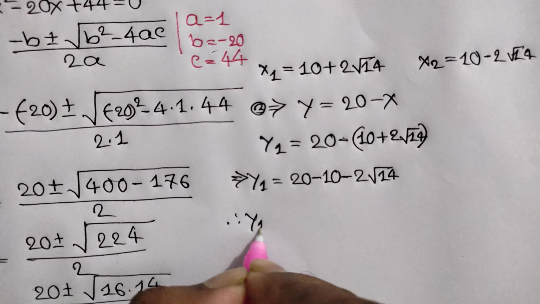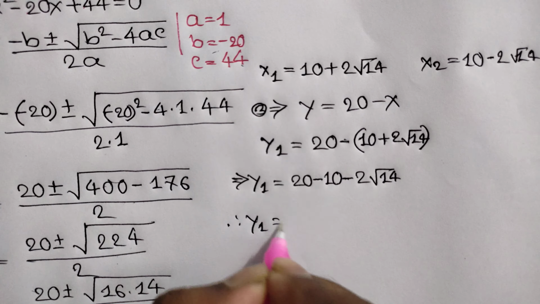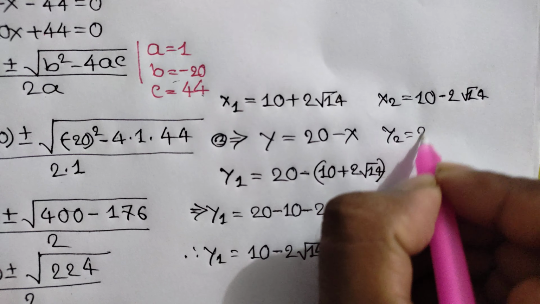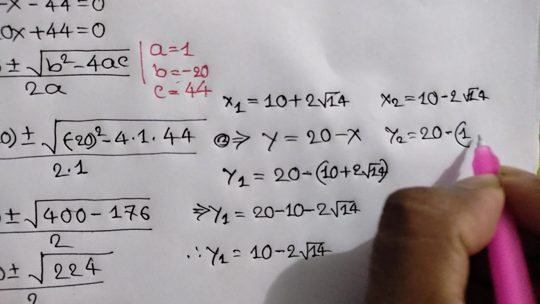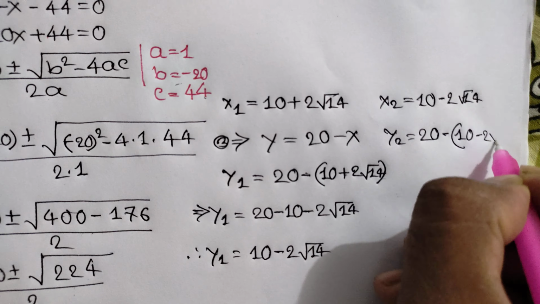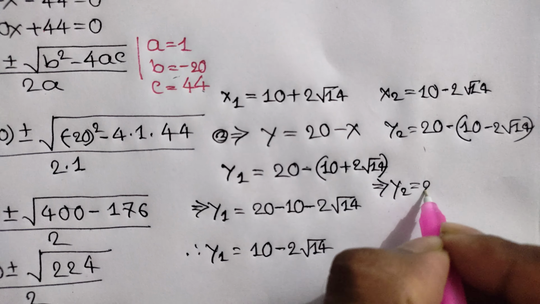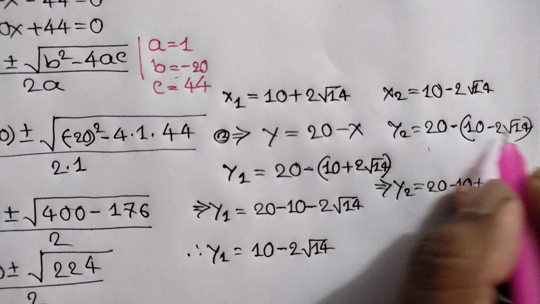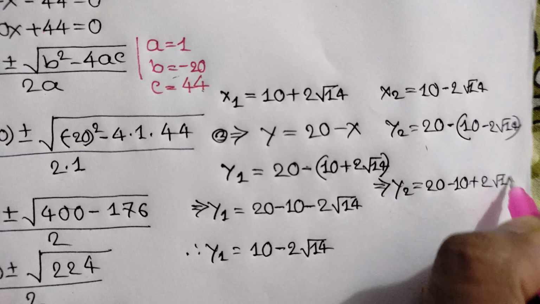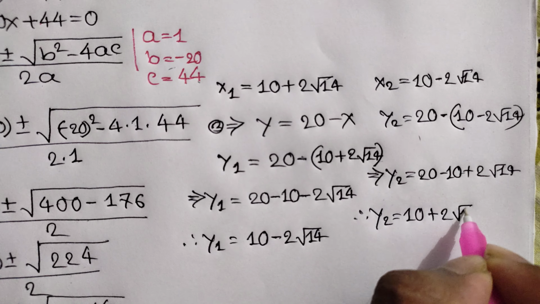So the first value of y1 is equal to 10 minus 2 square root of 14, and when the value of x2 is equal to 10 minus 2 square root of 14, then the value of y2 is equal to 20 minus 10 minus 2 square root of 14, or y2 is equal to 20 minus 10, minus times minus is plus 2 square root of 14. So the value of y2 is equal to 10 plus 2 square root of 14.